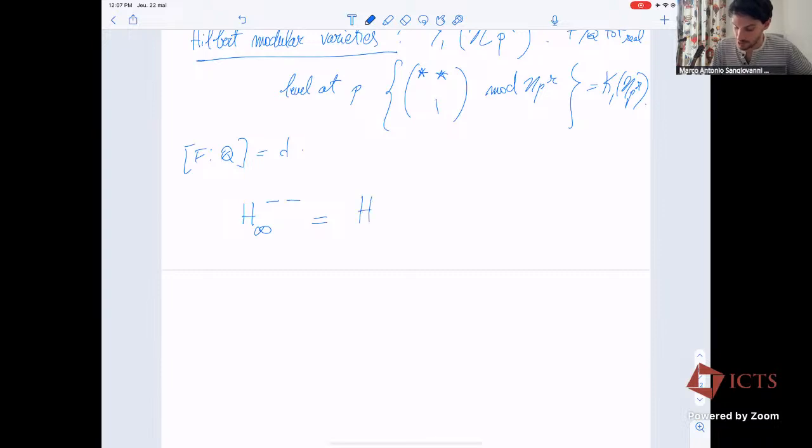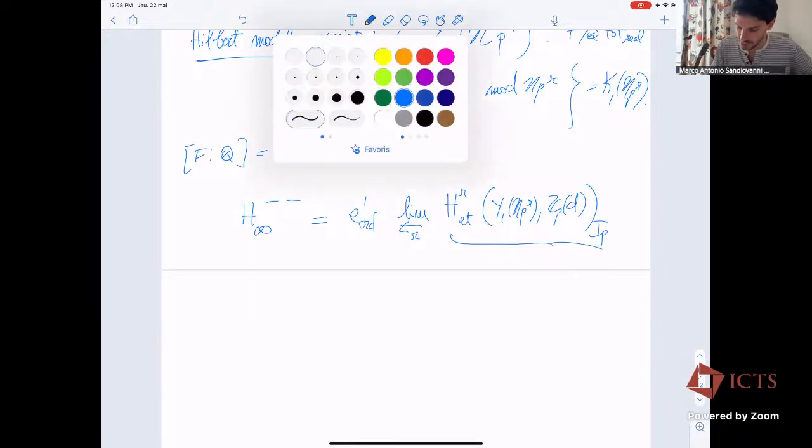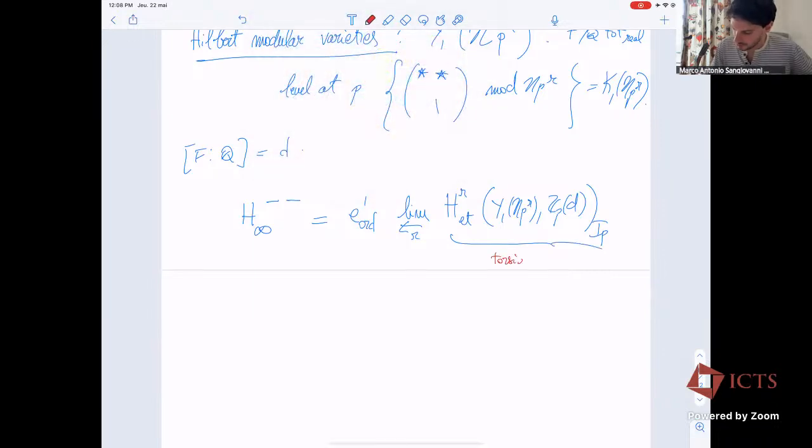But how is it defined? Again, as before, you have a version of the ordinary projector. Then you take the inverse limit over r of H^d_et of Y_1 and p^r, Z_p, inertia coinvariance, but this is the torsion-free quotient of the inertia coinvariance, okay?